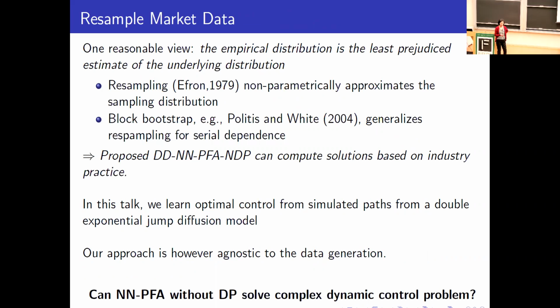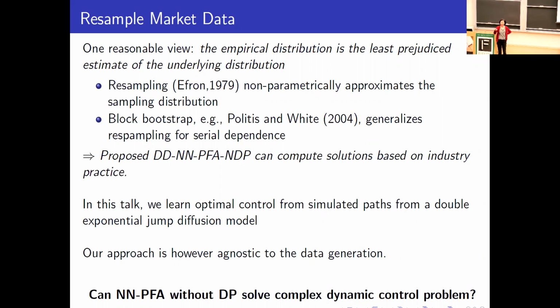So resampling of market data is a way to get scenarios from practice. When we solve this scenario-based single optimization problem, we can incorporate the industry practice of block resampling to generate different scenarios based on market data observation.